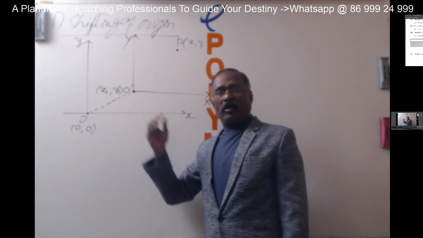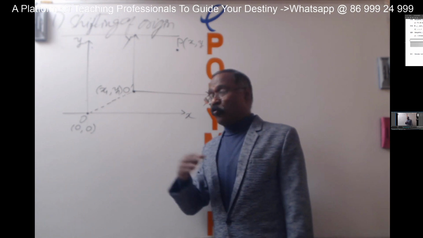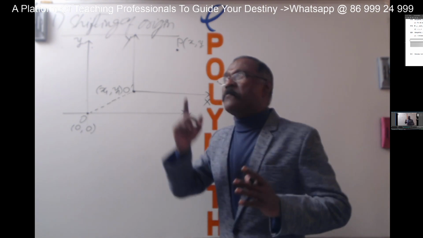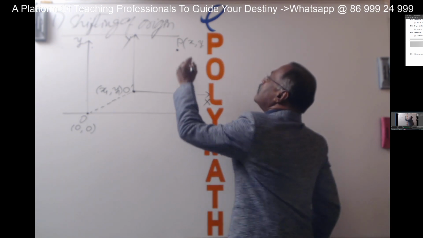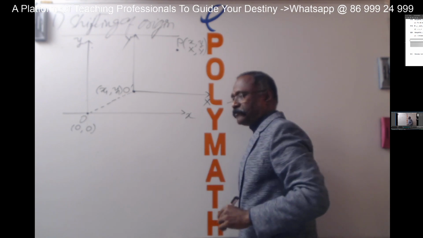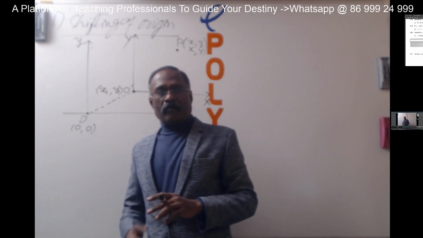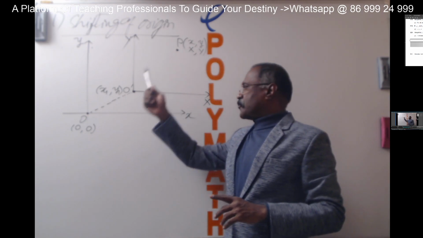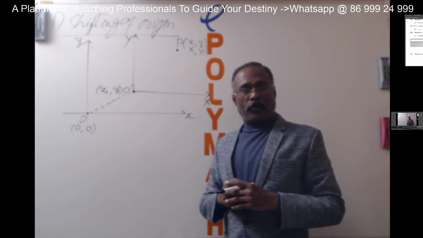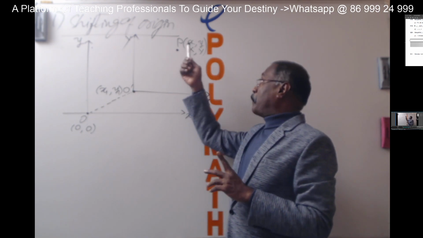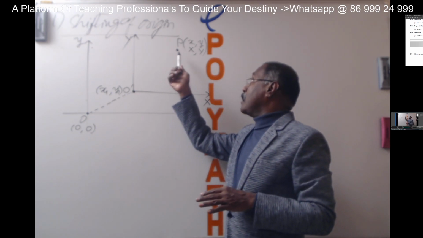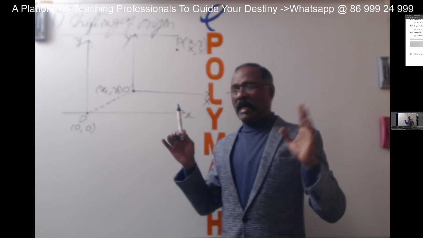Now, after shifting the origin, whatever the point is with respect to the new axis, in place of P, I am naming it capital X, capital Y. That means P(x, y) is with respect to the original axis. We shifted the origin to some other point O dash, and thereby, of course, P will be shifted somewhere, but we are not worried about that.